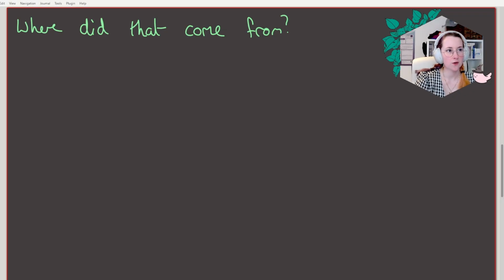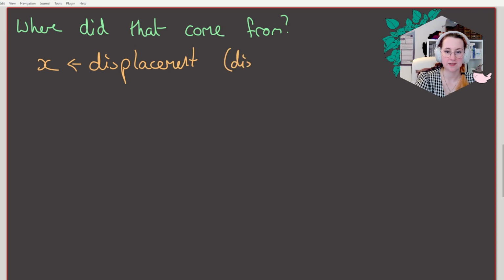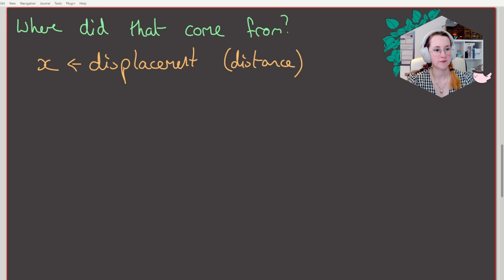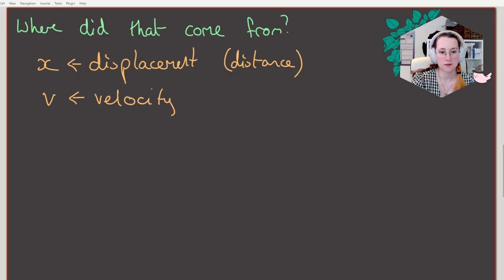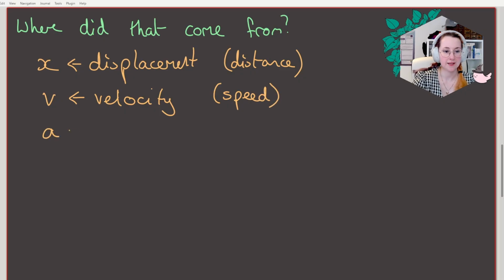Okay, so just as a little recap, if x is displacement, that's our distance but vectorized. v is our velocity, which is our speed vectorized, and a is our acceleration.